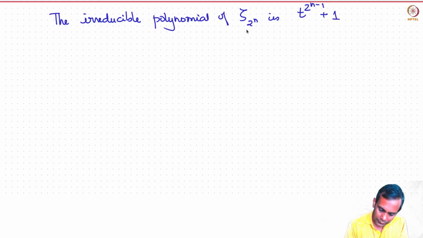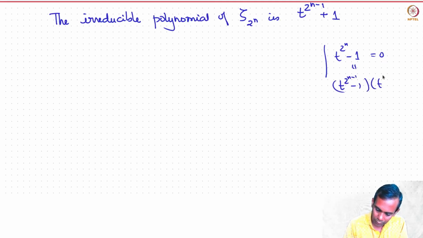Recall that zeta 2 to the power n on the face of it satisfies the polynomial t to the power 2 to the power n minus 1 equals 0, but this has a factorization: t to the power 2 to the power n minus 1 minus 1 into t to the power 2 to the power n minus 1 plus 1.